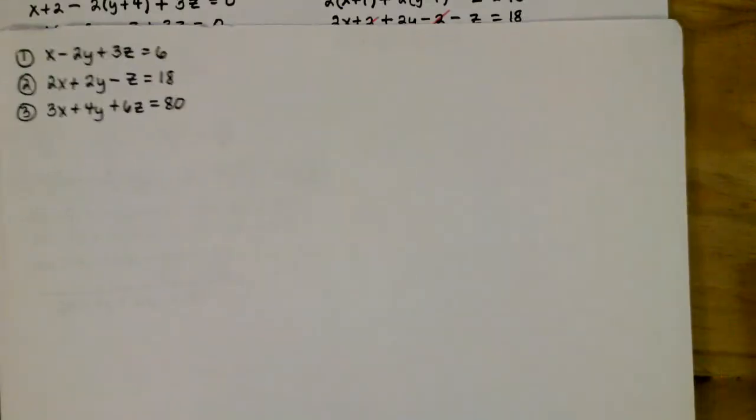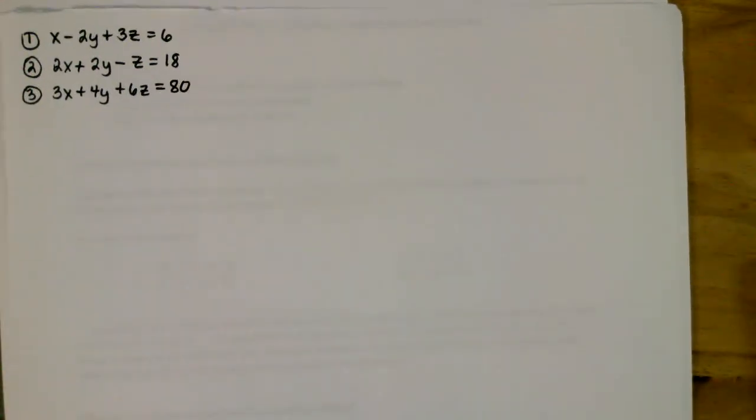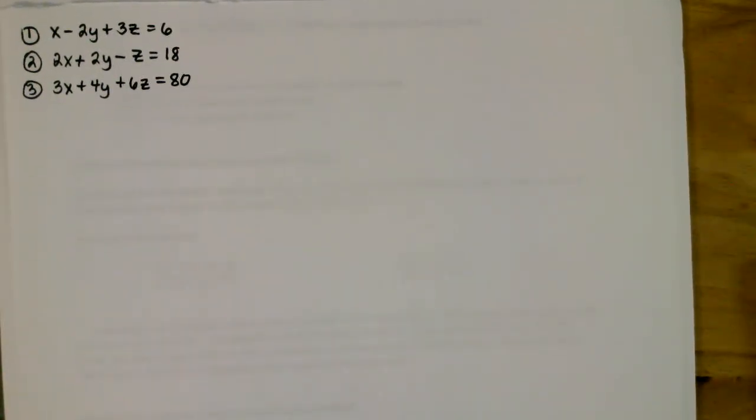Okay. So these are my three equations here. Let me move this paper out of the way. All right, so now let's work with these and eliminate either an x or y or z. What I did in this case was eliminate the x's.